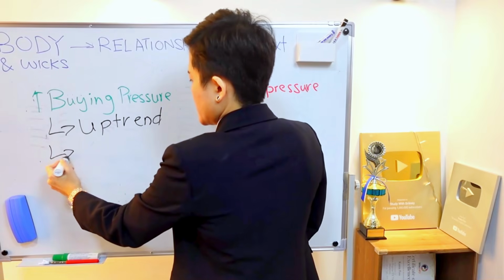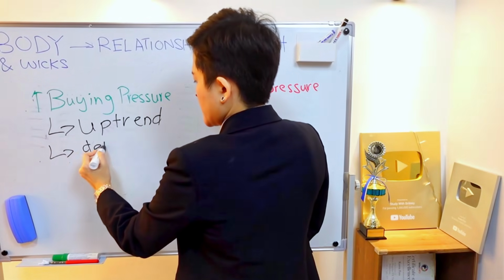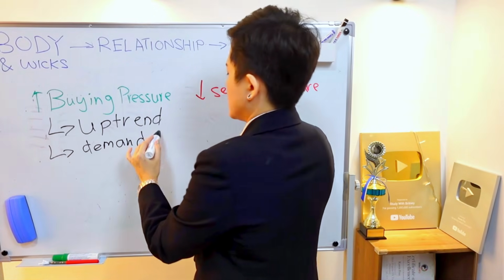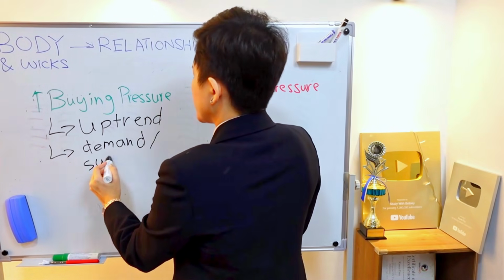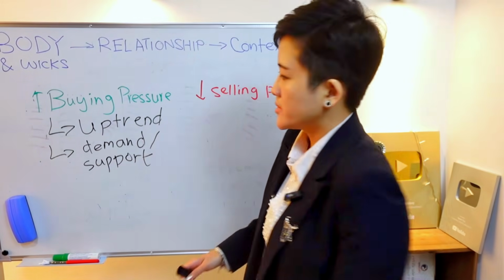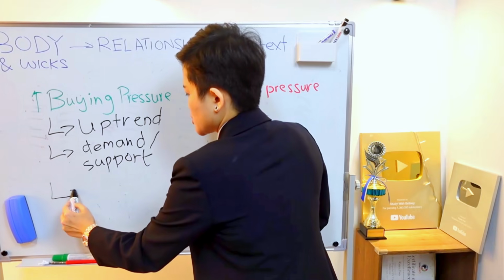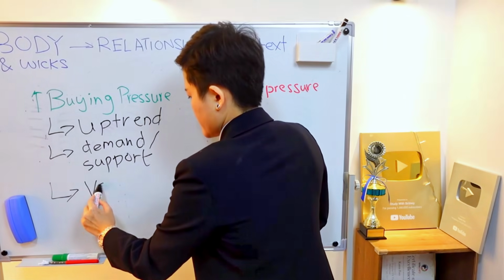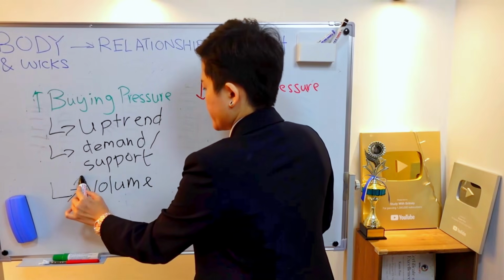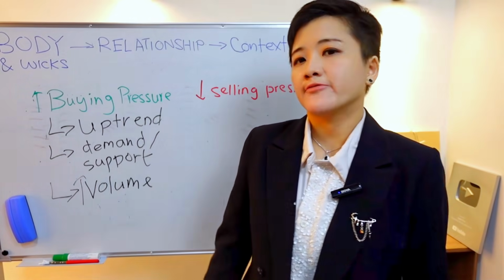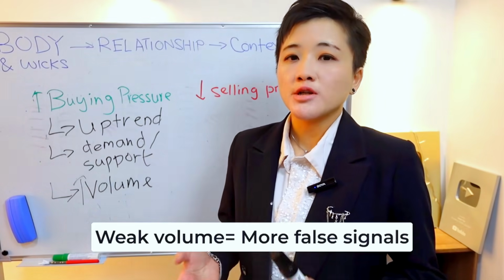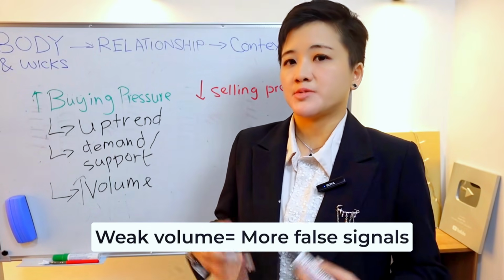Buying pressure, you want that demand zone in that area or the support zone to be strong, right? Add this with strong volume, okay? Because if the volume is weak as hell, it might give you a lot of false signals, especially when you trade stocks.